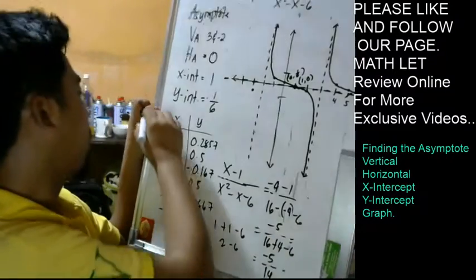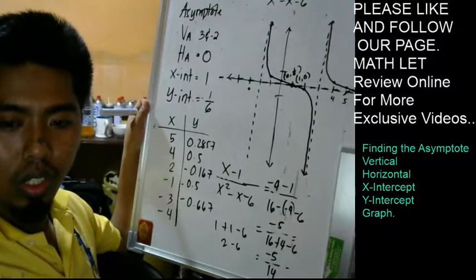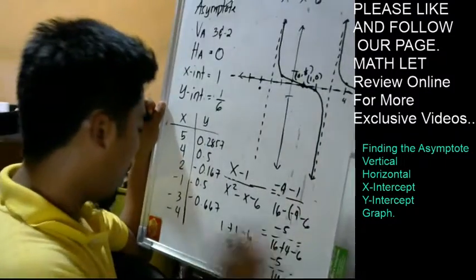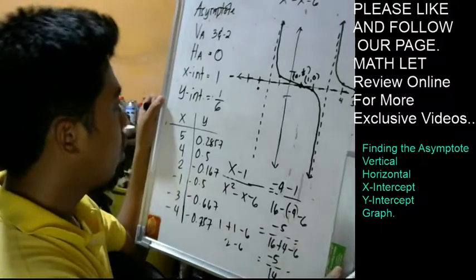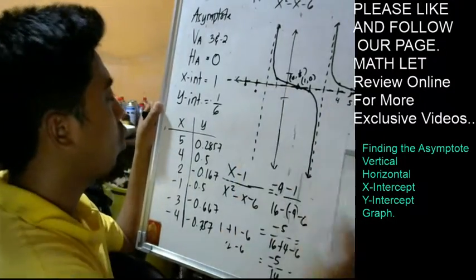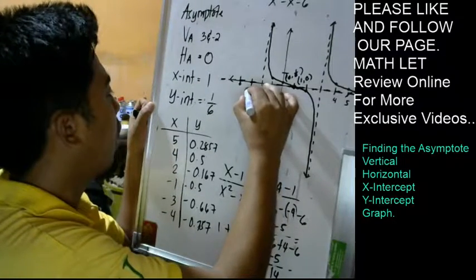So negative 5 over 14. 5 divided by 14 is 0.357, so negative 0.357. So it is near the horizontal asymptote. Therefore, we can conclude that from here to there it goes upward.